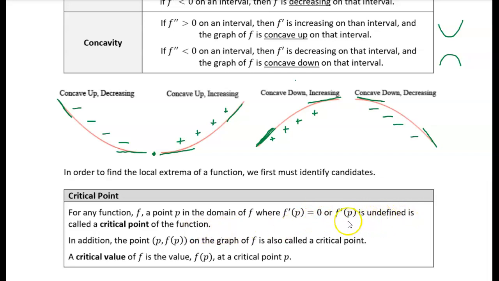Okay, that's a little technicality there. For the most part, we're going to be working with continuous functions, though, so you won't have to worry about places where the function is undefined too much in this class. That's considered a critical point.